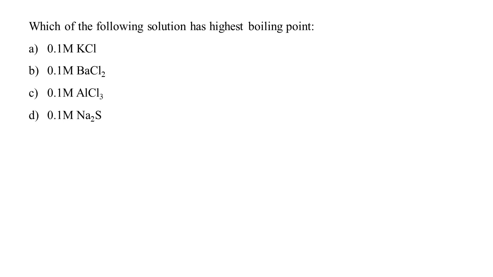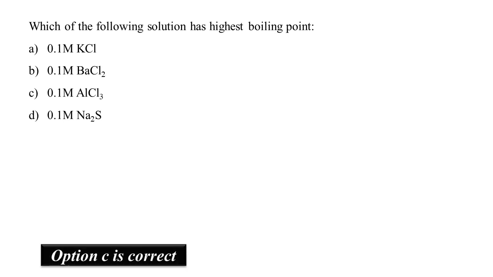If you see carefully, in the present case, the C option has 4 different types of ions which could be formed, while in the other cases, fewer ionic species are formed, while the molarity of all the species is the same. Hence, the C option is very close to the correct one, that is 0.1 molar AlCl3, and hence option C has to be the correct.